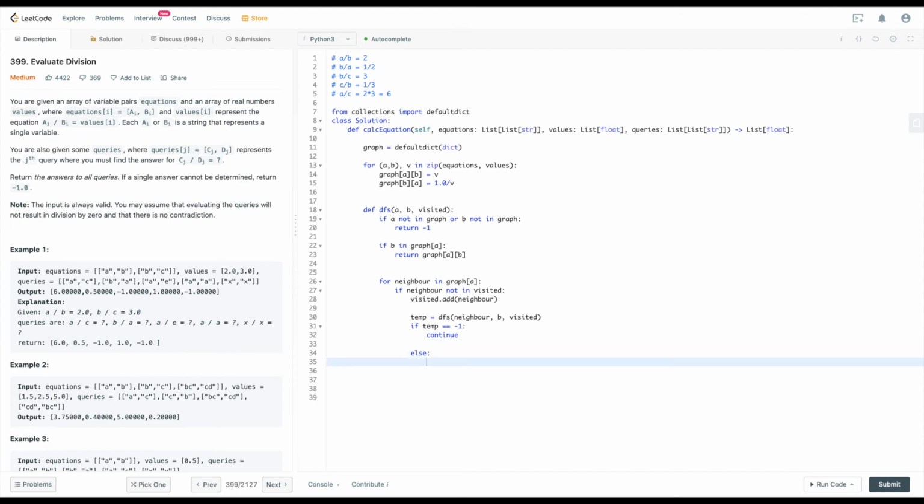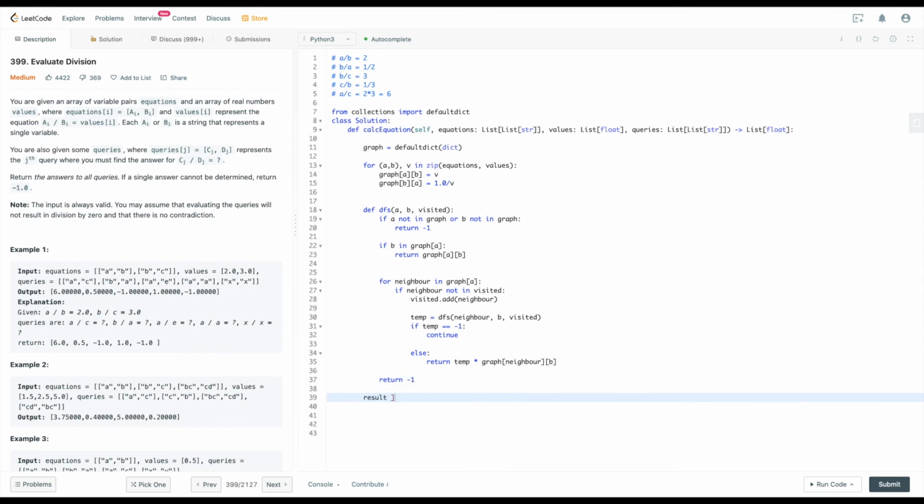And then else we would return temp times graph[A][neighbor]. And then if we've searched all the neighbors and we haven't gotten anything, we return -1.